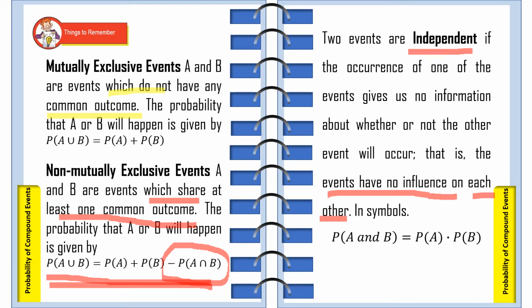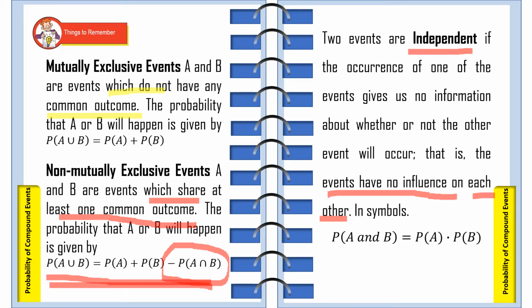Ibig sabihin, hindi naapektuhan nung occurrence ng event B yung event A. So, kaya nga siya tinawag na independent. So, kaya niya mag-stand alone na hindi siya naapektuhan ng other events. Kaya siya naging independent events.